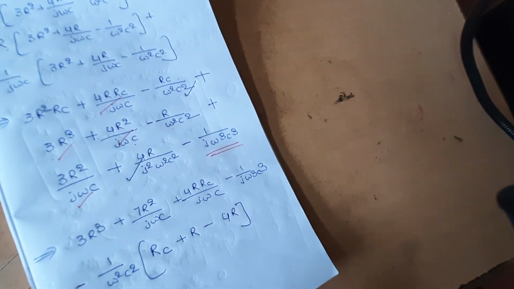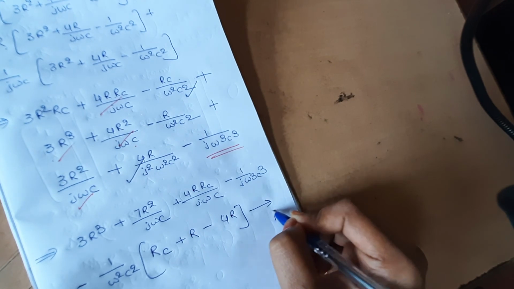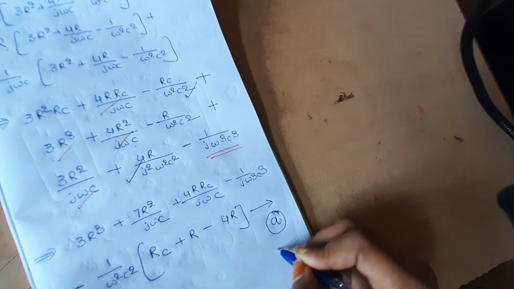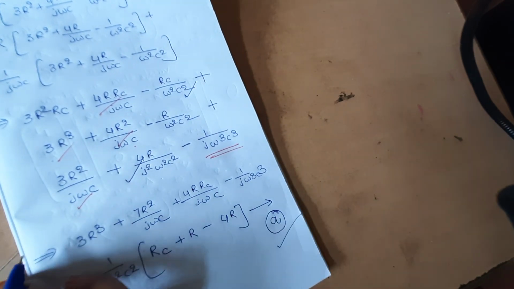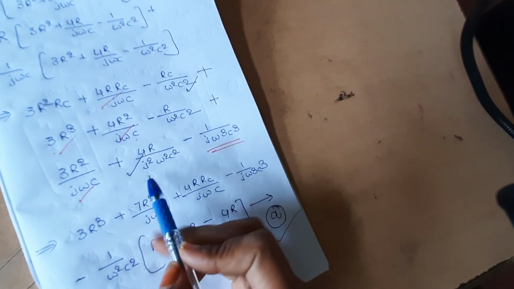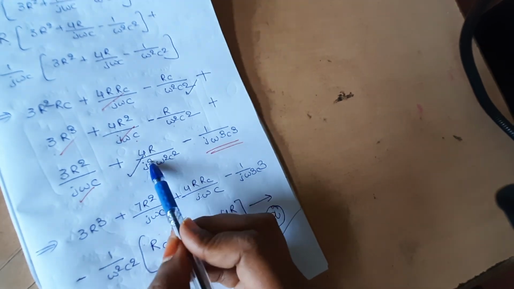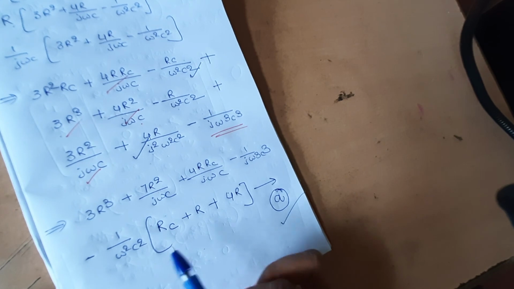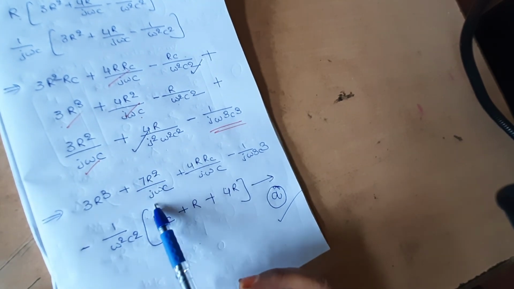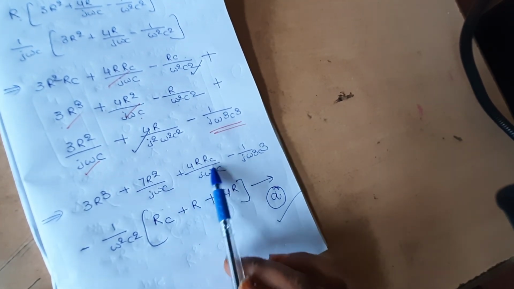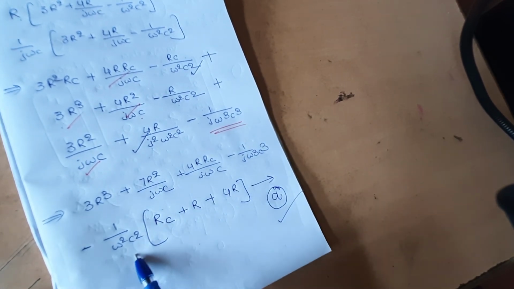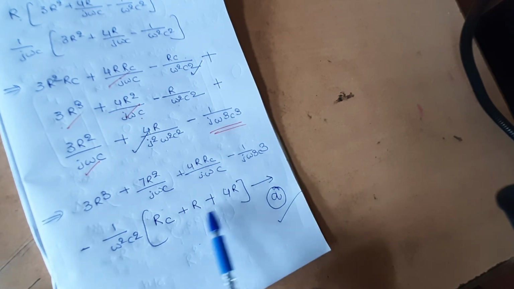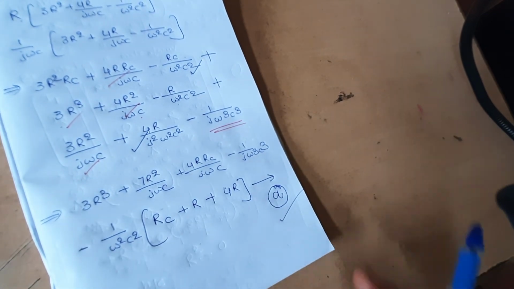So this is the first part, denoted A: RC plus R plus 4R. Here j square means minus 1, so minus into minus plus 4R. So the final equation is 3R cube, 7R square by j omega C, 4R RC by j omega C, minus 1 by j omega cube C cube, minus RC by omega square C square, plus R plus 4R. So this is the first part.